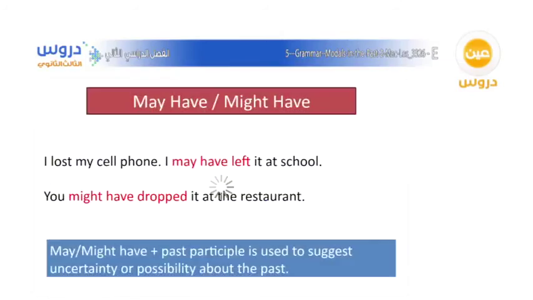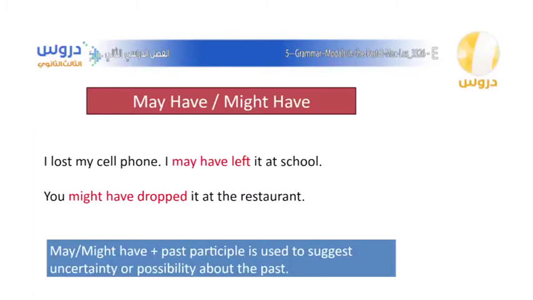Okay, good job. Okay, we start by discussing may and might have first, okay? Look, may and might have plus the past participle of the verb is used to suggest uncertainty or possibility about the past.